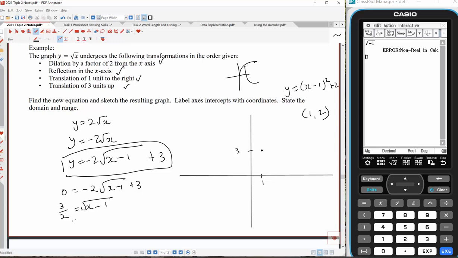Now we're going to square both sides. 9 on 4 equals x take 4 on 4. Now I'm going to add 4 on 4 to 9 on 4. x is equal to 13 on 4, or x is equal to 3 1/4. So here's 1, here's 2, here's 3, and a little bit further over is 3 1/4.